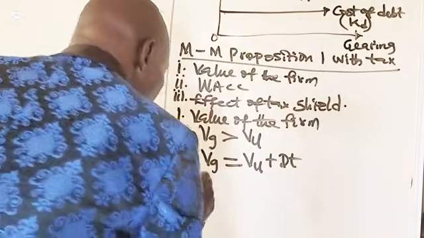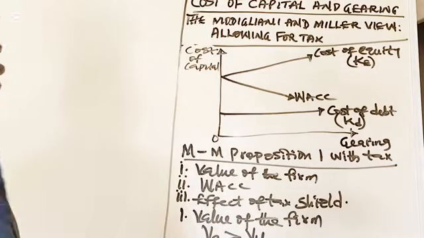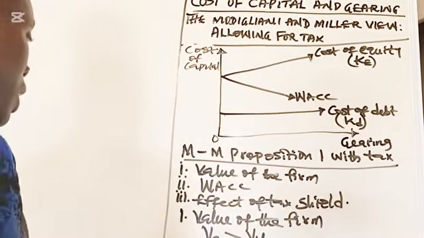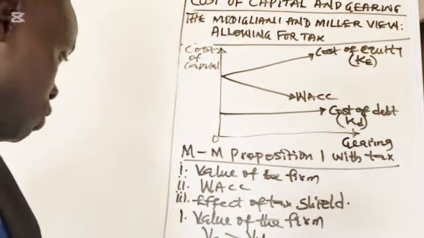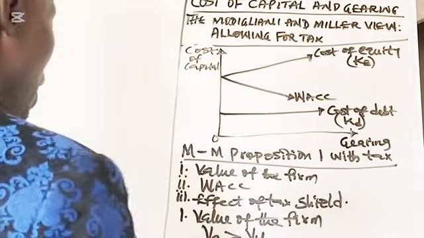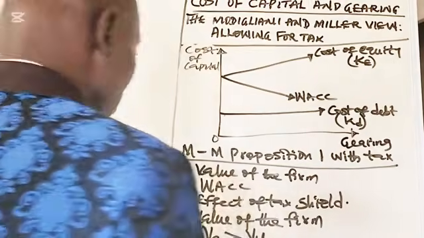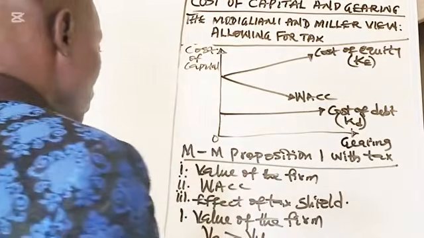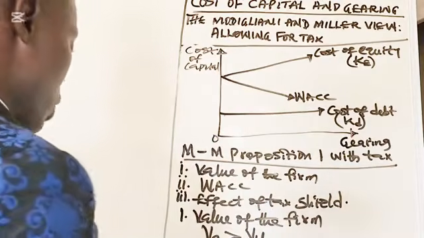So we have the formula VG equals VU plus DT. And the second item that Proposition 1 centered on is the WACC, weighted average cost of capital.